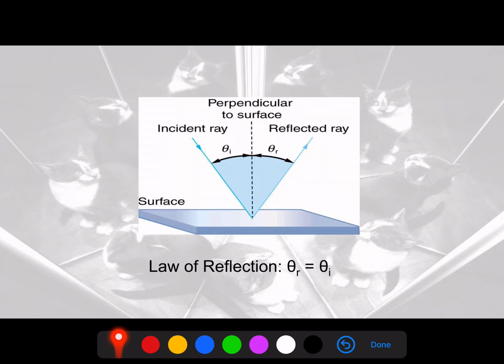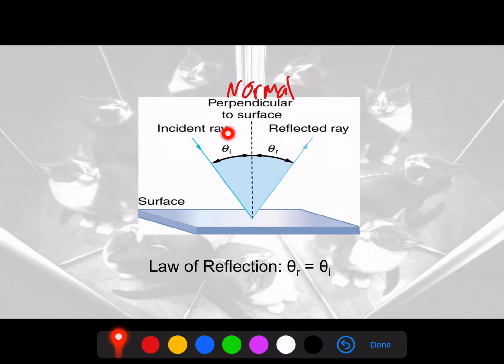So there is a law that we call the law of reflection, which describes the way in which a reflected ray of light travels. Essentially, if you imagine a dotted line which is perpendicular to the surface of whatever boundary this is from one material to another, then the angle that the incident ray makes with this perpendicular, sometimes called a normal, is going to be equal to the angle between the same perpendicular and where the reflected ray's direction goes.